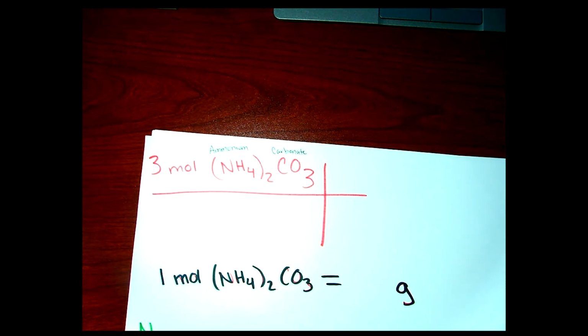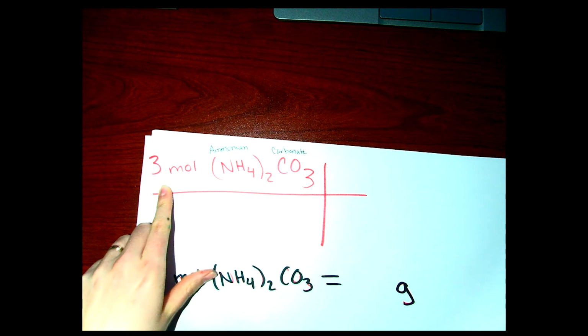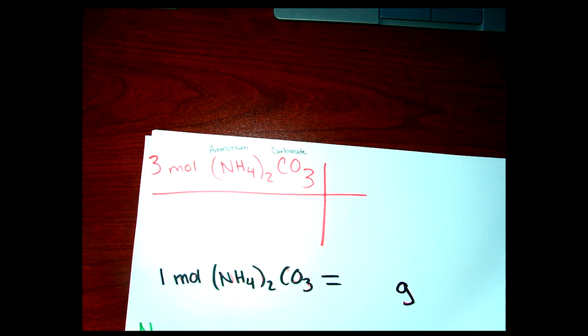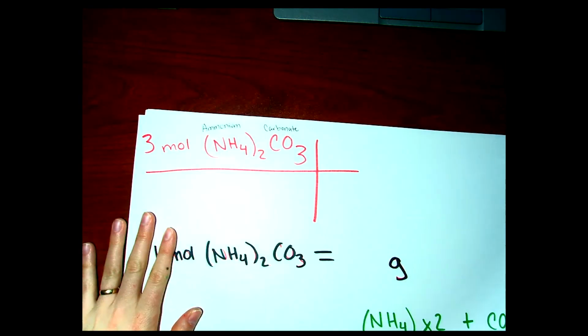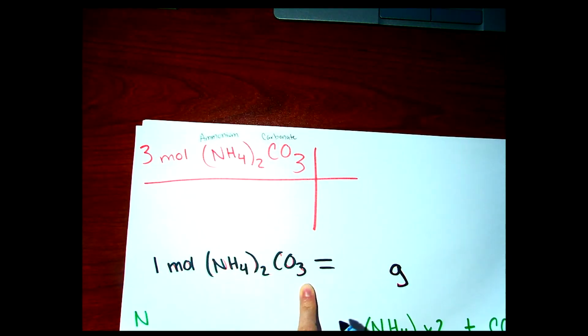In order to figure out how many grams of ammonium carbonate we have in 3 moles, we're going to need to calculate the molar mass of ammonium carbonate. So that means we need to discover our own conversion factor. We'll look at the formula and the subscripts to determine how many of each atom needs to be considered in the molar mass formula.